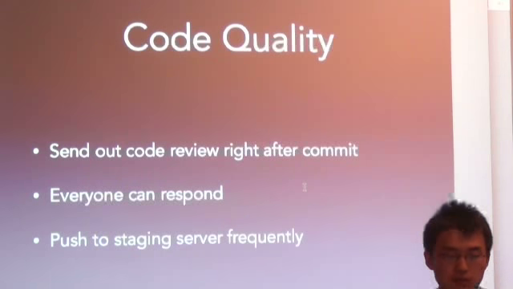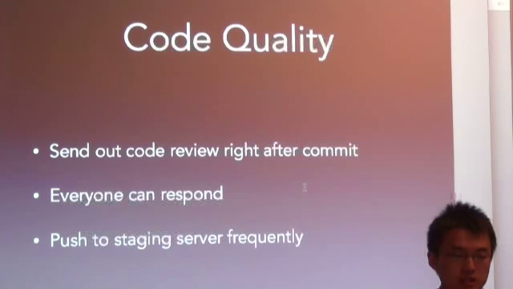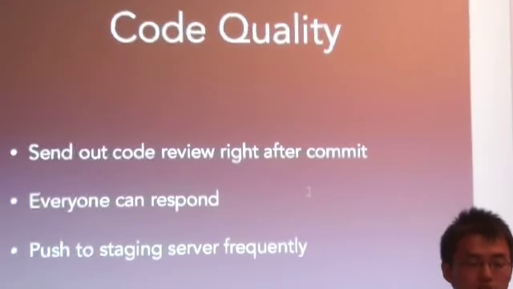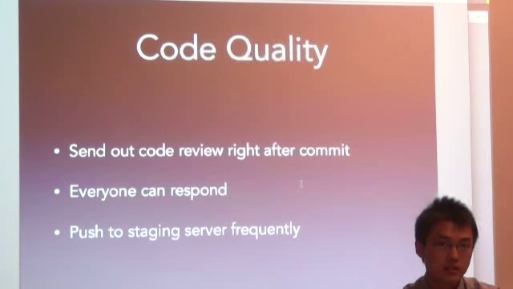Whenever we commit anything to GitHub, we are required to send a code review to the whole CMU practicum group. That means everyone in the group can see the code and the diff, and they get an email about it in their company email address. Everyone can respond to those code reviews right in their inbox. They don't have to go to the code review system to do that.